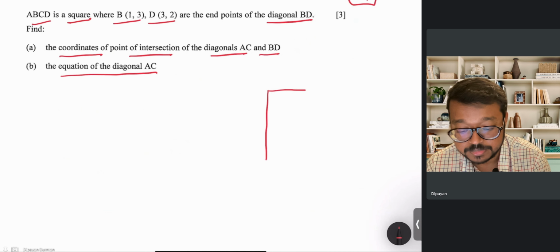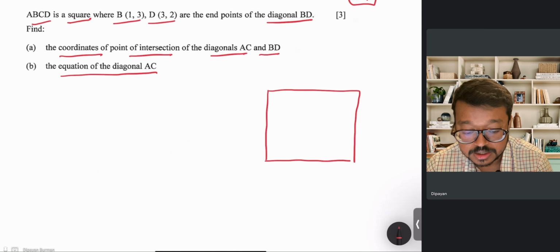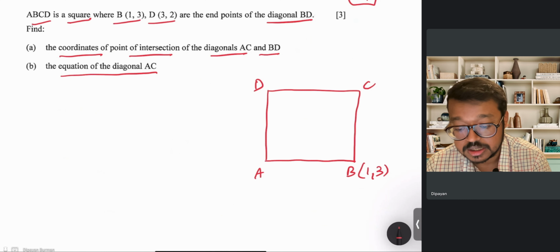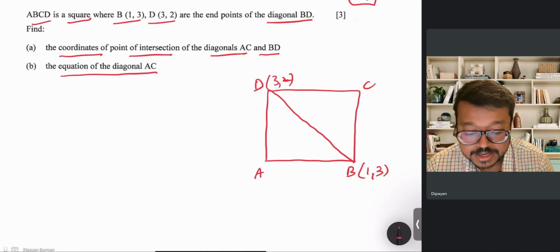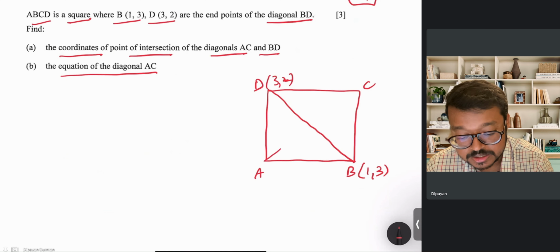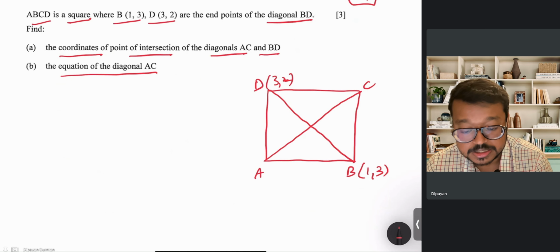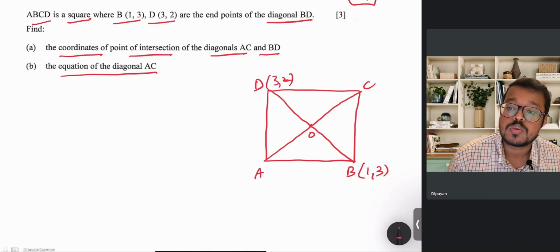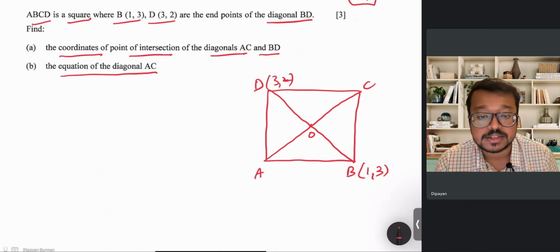So for example, if I draw a rough square ABCD, we know the coordinates of B and D. B is (1, 3), D is (3, 2), and we have this diagonal BD. Now if I join the AC diagonal, let's say the point of intersection is O, and they're first asking what are the coordinates of the point of intersection of the diagonals.